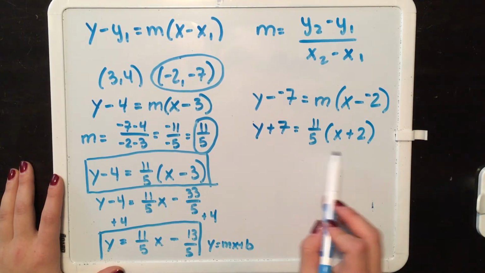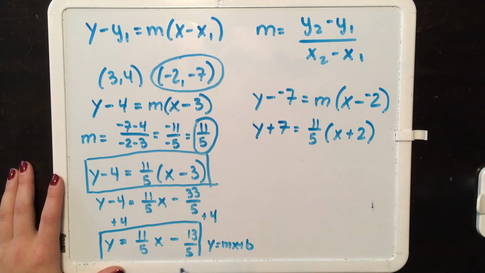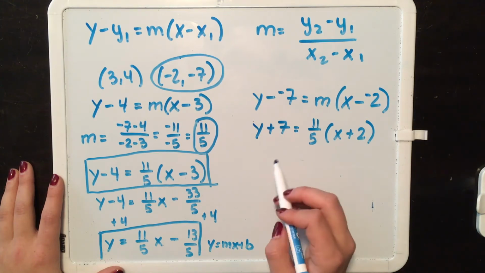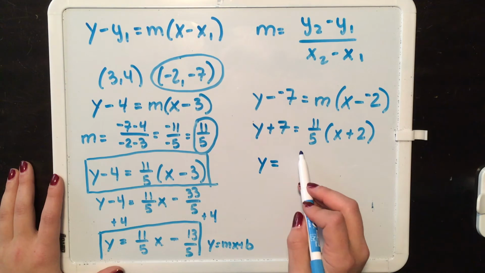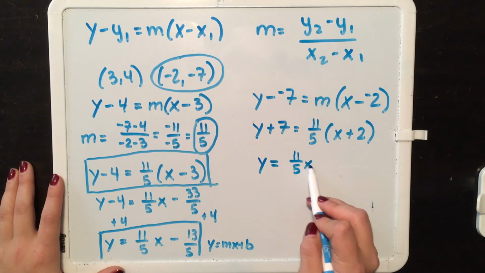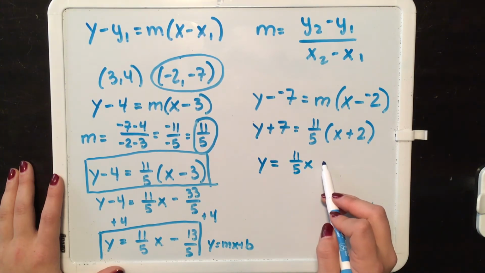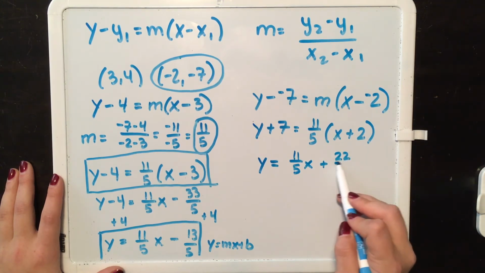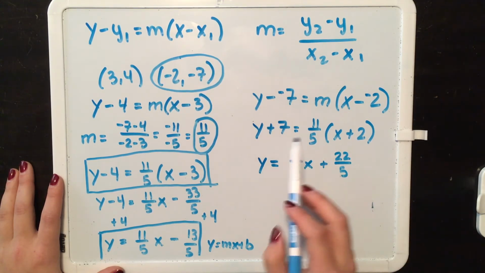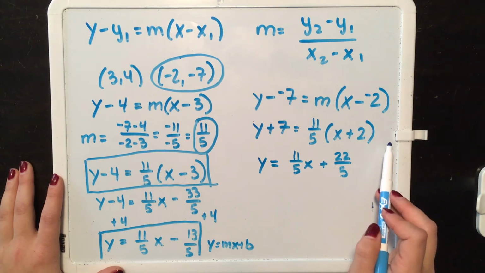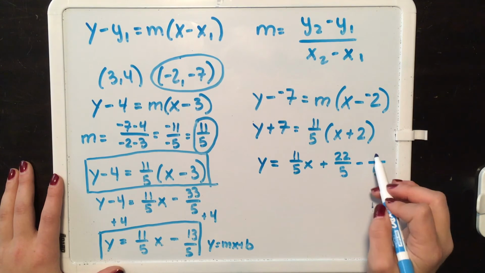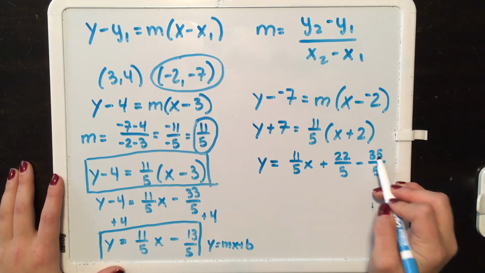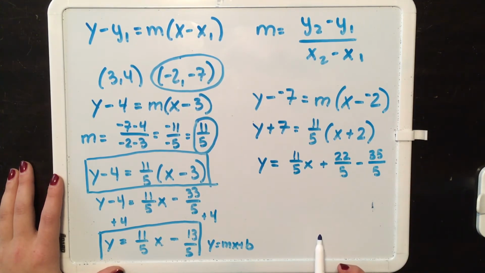So we want to distribute this and rearrange to see if we get the same slope-intercept form of the line. y equals, multiply 11 over 5 x plus 22 over 5, and then we're going to subtract the 7 over to this side, but if we're going to keep the common denominator as 5 in the bottom, the numerator becomes 7 times 5, or 35.